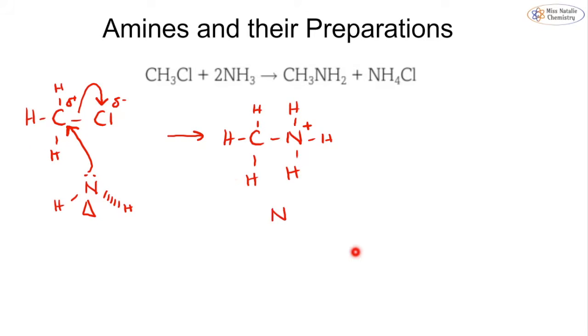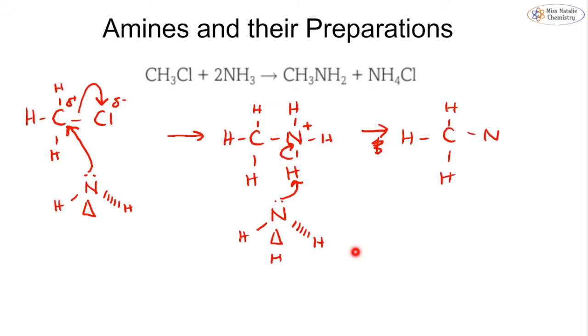So what happens is the ammonia, again, acts as a nucleophile, and it attacks this hydrogen, and the hydrogen is then removed to form your primary amine, as well as NH4+ and Cl-. So we end up with an ammonium chloride salt being formed.